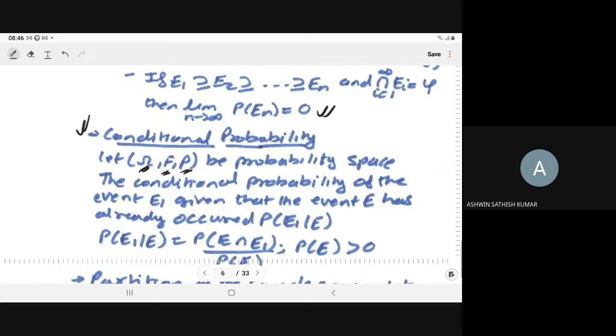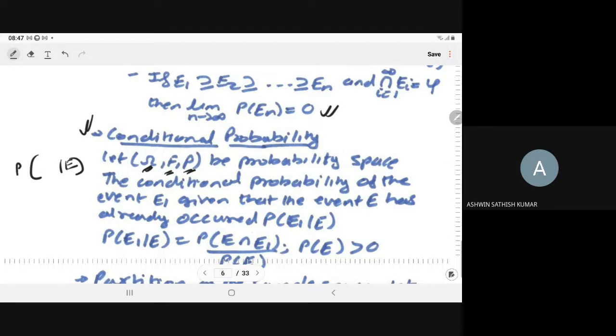Now you are interested in the probability of occurrence of the event E1 when event E has already occurred. So that is the condition.